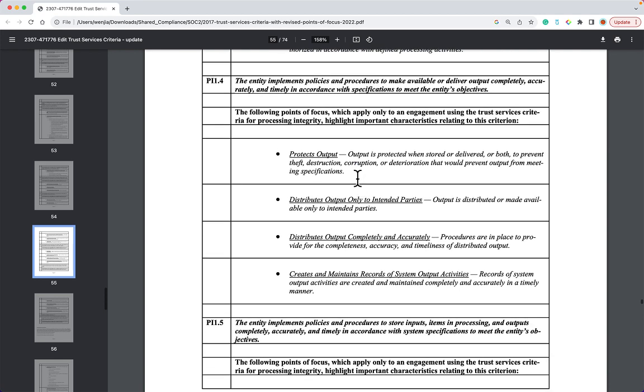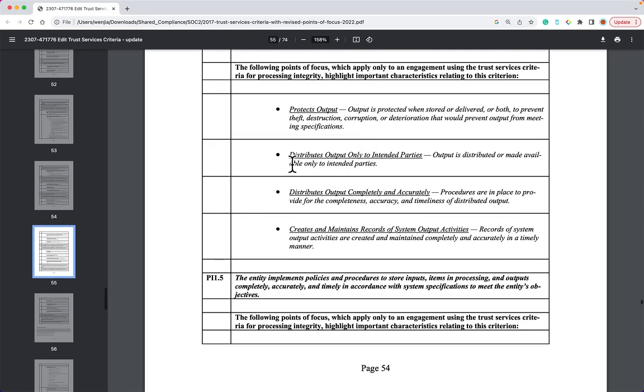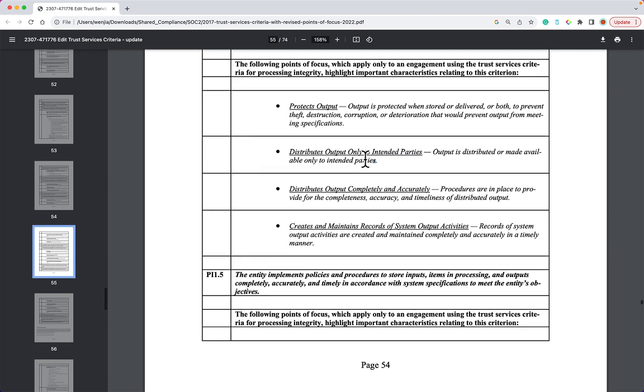One, you need to protect them. You can't lose the outputs, right? The data is very private for your customer, or very confidential. And distribute output only to intended parties. You cannot give the confidential information to anybody, only intended parties, legally and related.